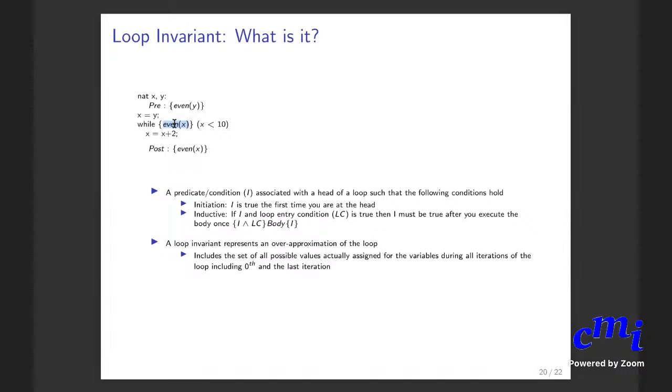So x is the only variable here that is getting modified, because y is never modified, so y remains the same. Even of x, the set of all values that even x satisfies, includes all even numbers.